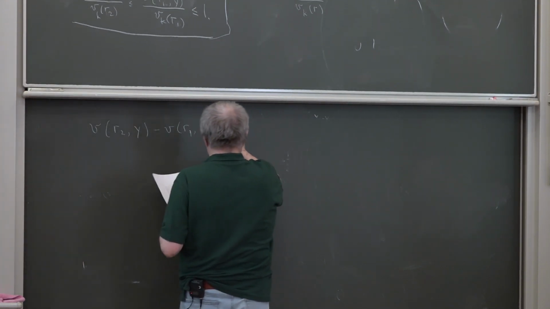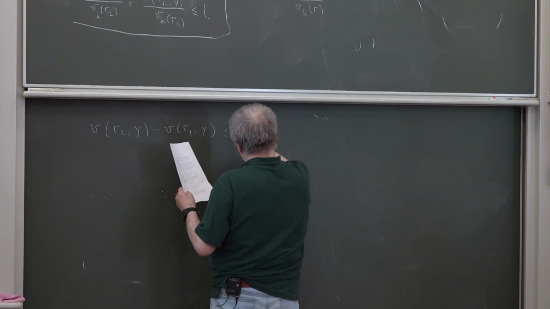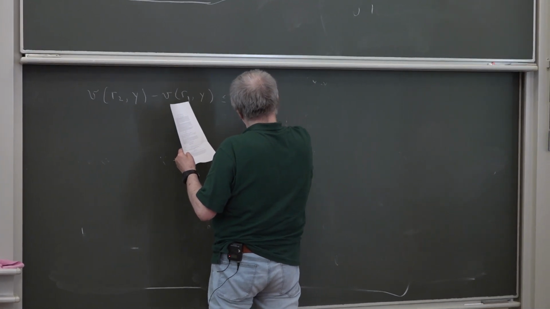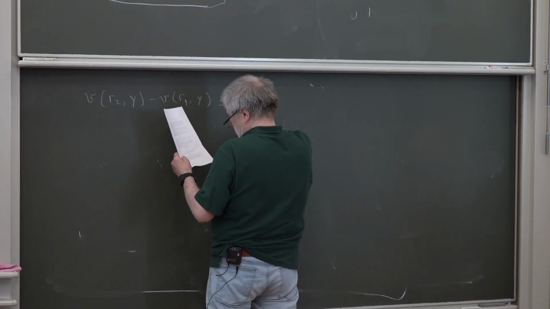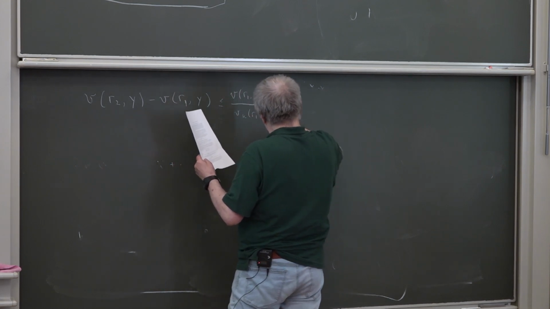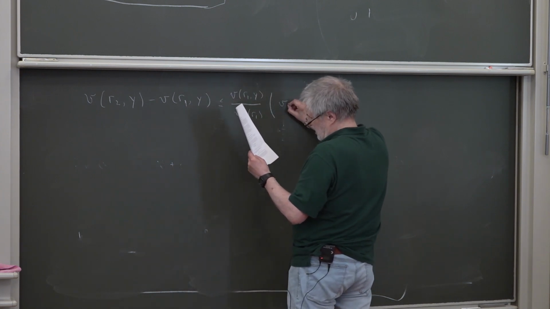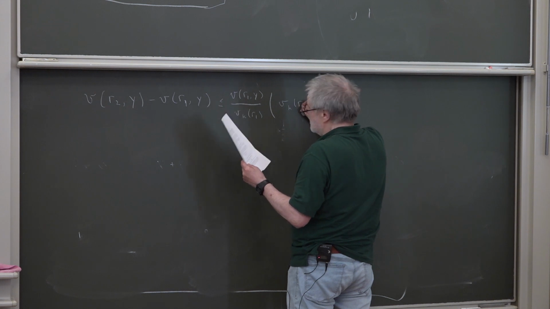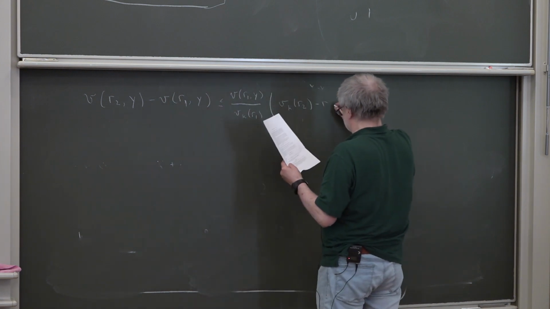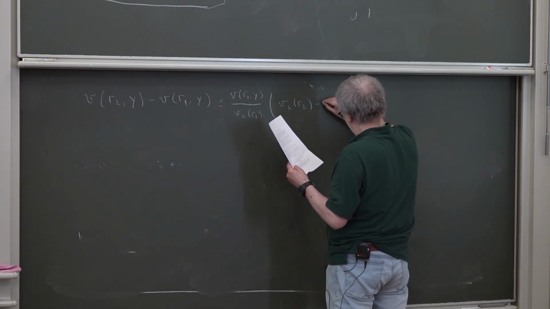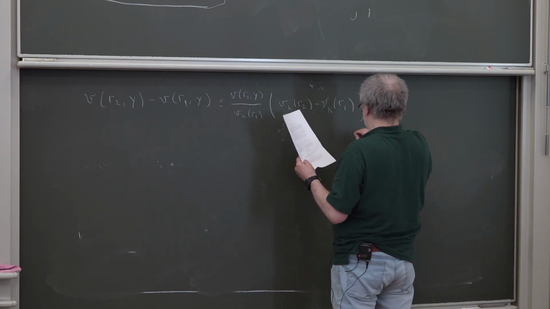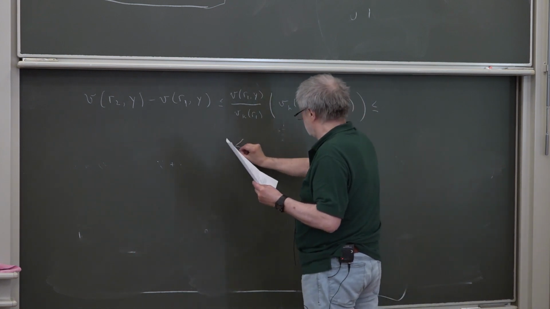So we get the following: V1 over V_k(R1), and V_k(R2), and it's smaller.